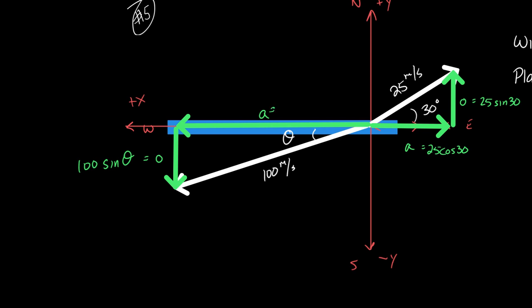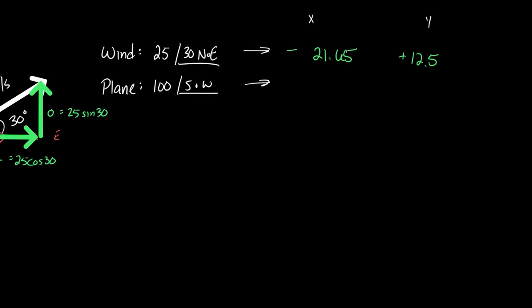And this one is 100 cosine theta, and it's in the positive x direction. So 100 cosine theta minus 100 sine theta. I've converted all of my vectors from polar to rectangular. Any question about that? Okay.